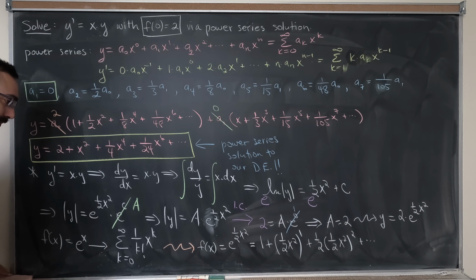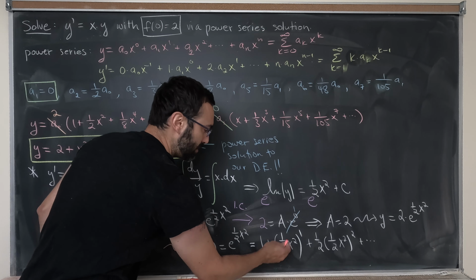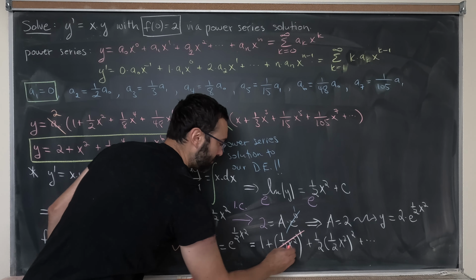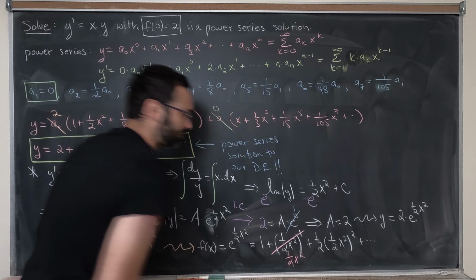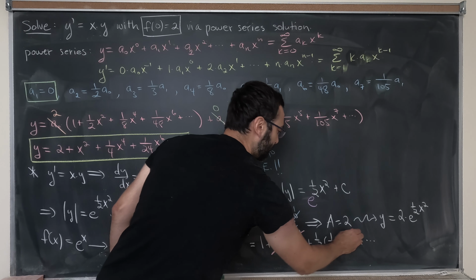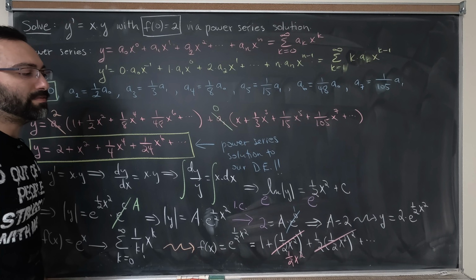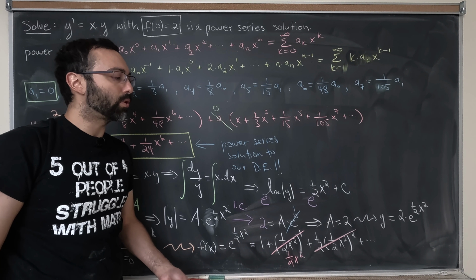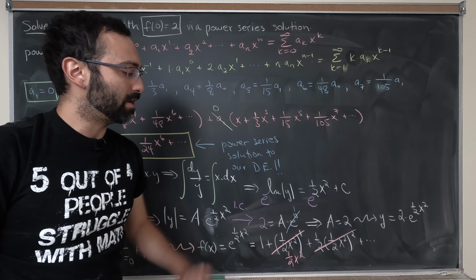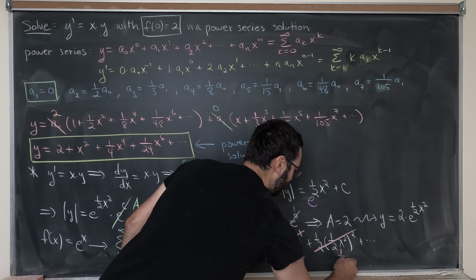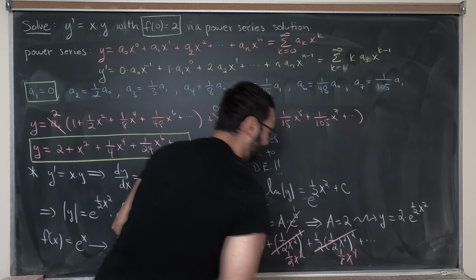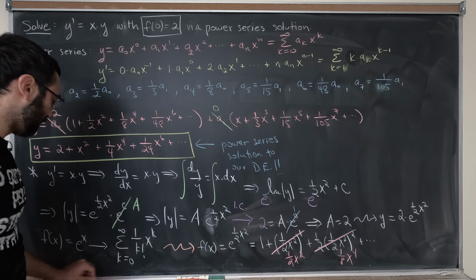Well, this just stays as half x squared. This here, we have a half x squared squared, which is a quarter x to the 4, but divided by 2. That's an eighth x to the 4, and so on.